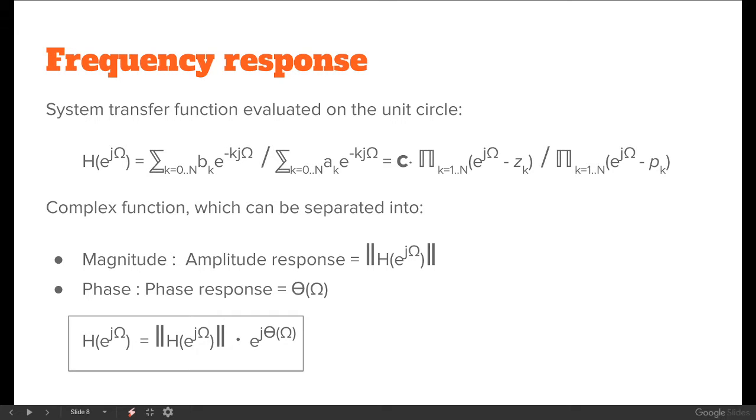Same way, on the denominator, here in this norm, we have the distance from this point to pole 1 and the distance of this point to pole 2, and the product of those. Okay.